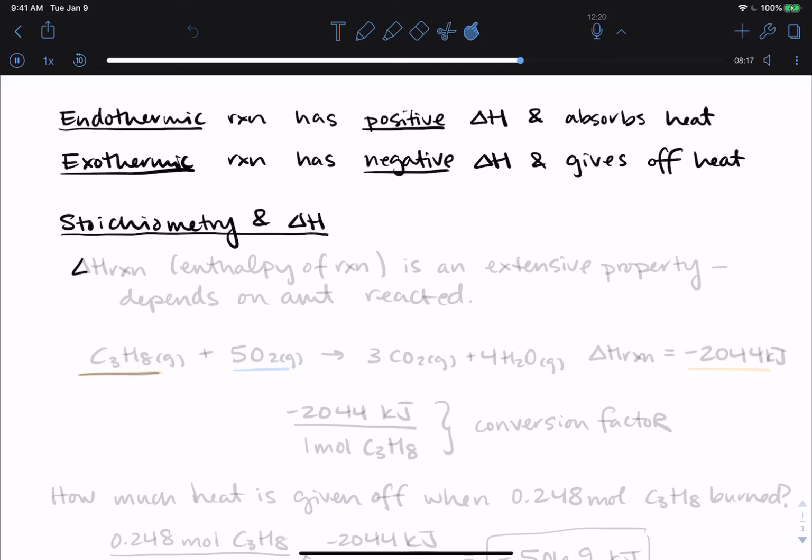This delta H reaction, or enthalpy of reaction, or heat of reaction is what it'll sometimes be called since it's coming directly from that heat value, is an extensive property, which is just the fancy word for what we saw in the previous problem, which means it depends on the amount reacted.